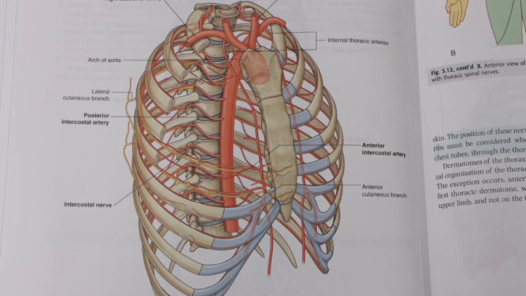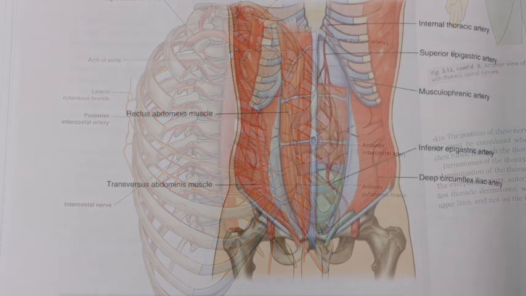They supply the medial part of the breast in females, that's why they are called the medial mammary branches. Then the internal thoracic artery gives two terminal branches: one is the musculophrenic artery, and the other is the superior epigastric artery, which I'm going to discuss in the following picture.